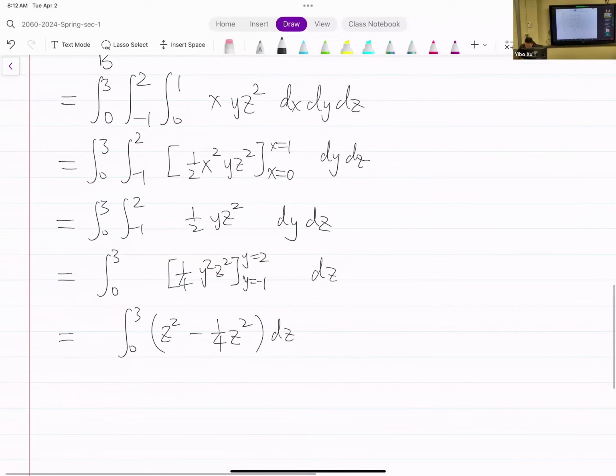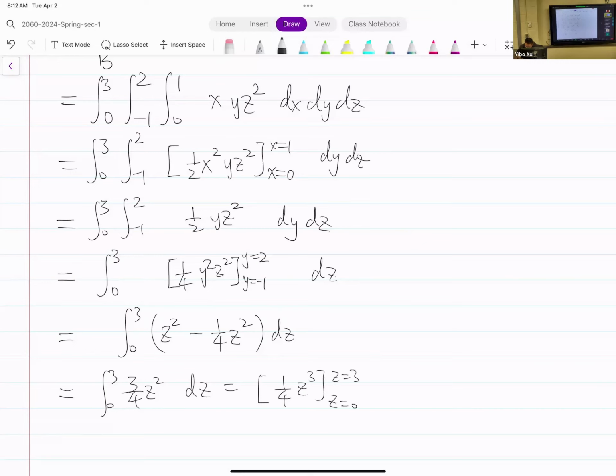So this is actually 3/4 z squared. And then the antiderivative, add 1 and divide, so this is going to be 1/4 z cubed. And finally we evaluate at z equals 0 and 3, so this eventually gives you 1/4 times 27.